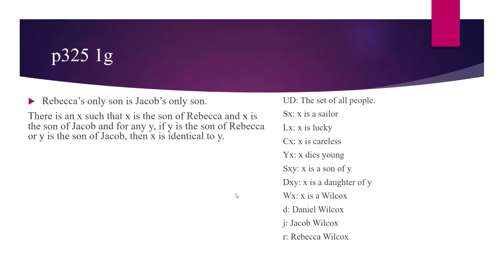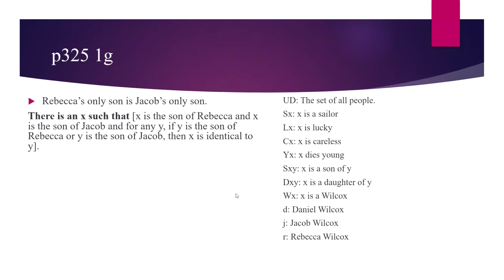So we have there is an x such that x is the son of Rebecca and x is the son of Jacob. Right? We have to say that this one person is the son of both. And for any y, if y is the son of Rebecca or y is the son of Jacob, then x is identical to y. And we use that disjunction instead of a conjunction to say he's not the only child of the two of them together, he's each of their only child.